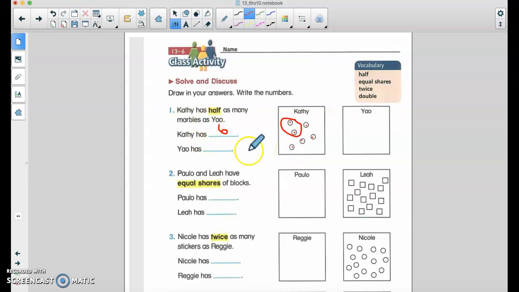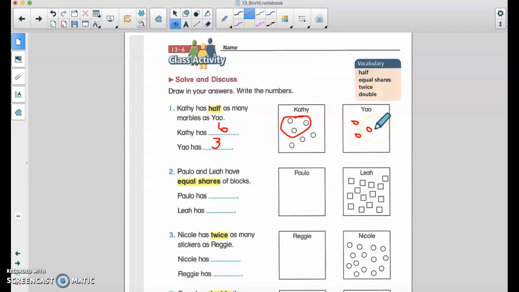No. There's only 2 people, so that's not right. So we have to try again. How about I circle it with 3? What if I had 3 in this group? 1, 2, 3, 1, 2, 3. Oh, that was so lucky. Perfect. So that means Yao is going to have 3. So you need to draw 3 circles in his box. All right, moving on to the next one.